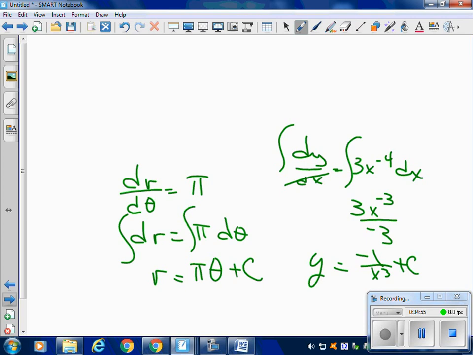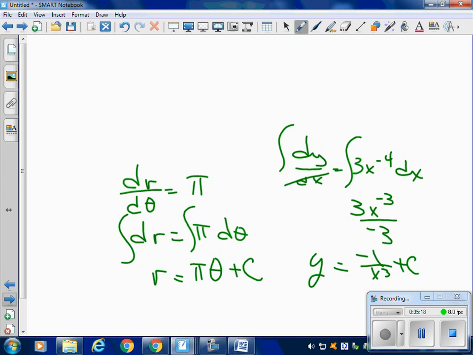Number 26, 4/5 x to the 5th minus 4/3 x to the 3rd plus, excuse me, not x, it's supposed to be t's. I said x's, plus t plus c. And then number 28, 1/3 t cubed plus 3/4 t to the 4th. Why are they not in order?